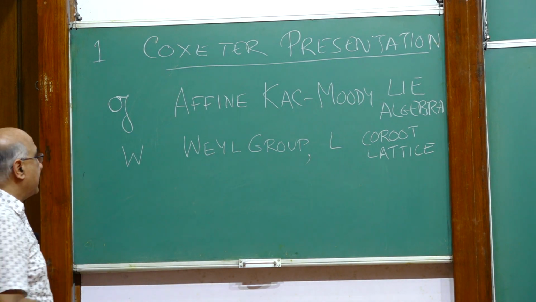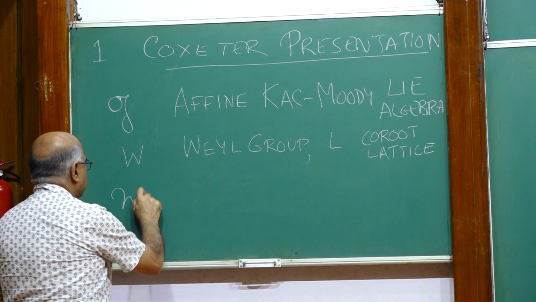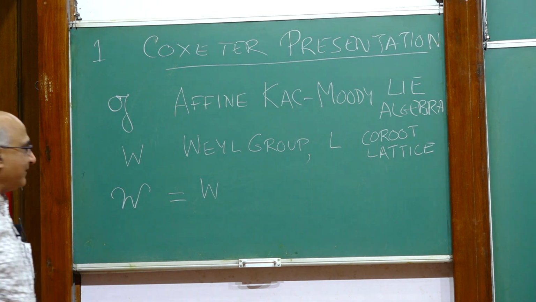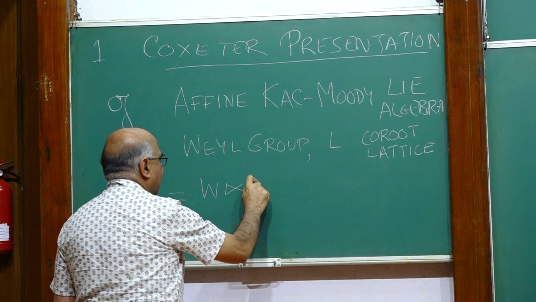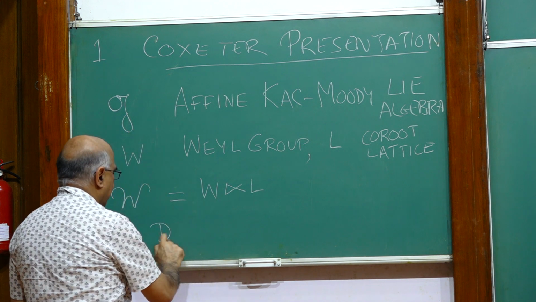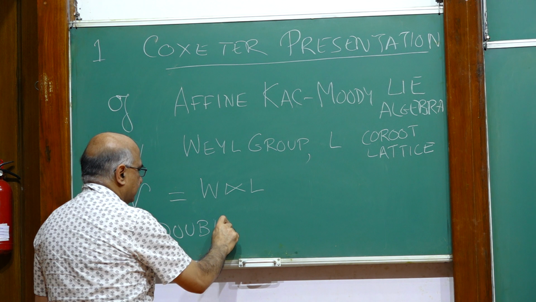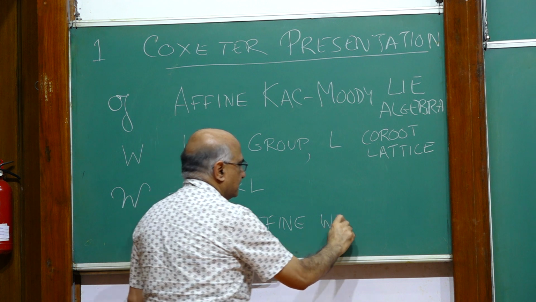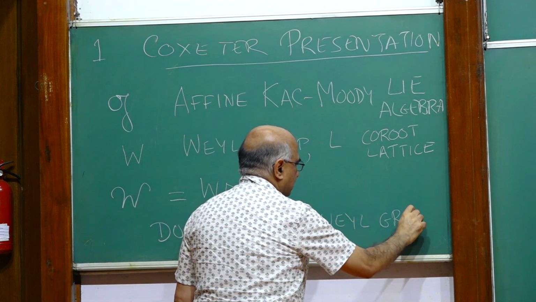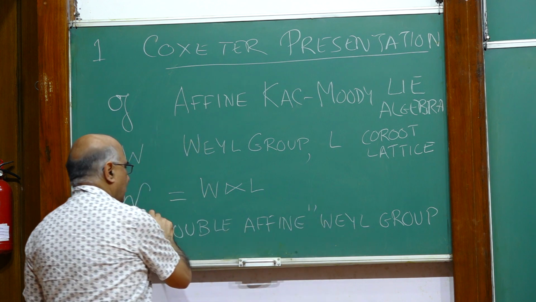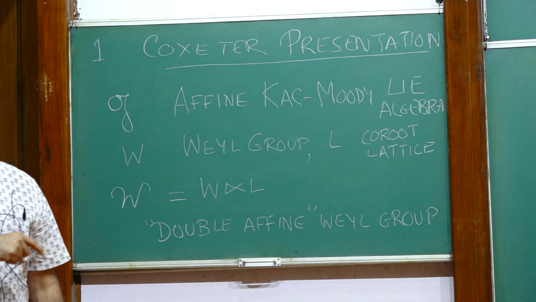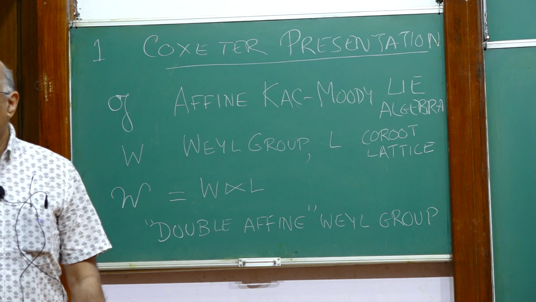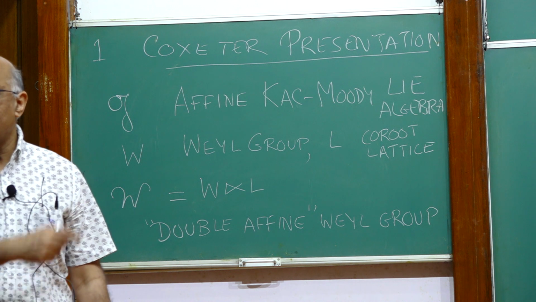Let's look at the semi-direct product, for which I'll use some fancy font. This is the double affine Weil group. It's double affine because the Weil group of an affine Kac-Moody Lie algebra is already affine, and so we are affinizing it one more time.